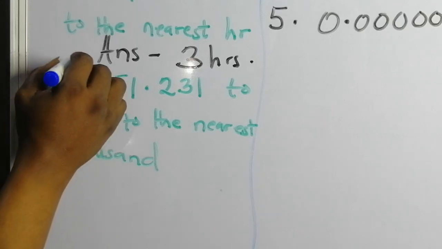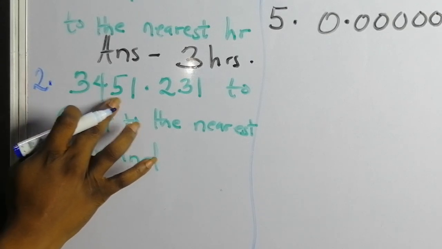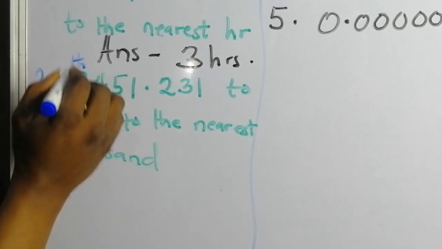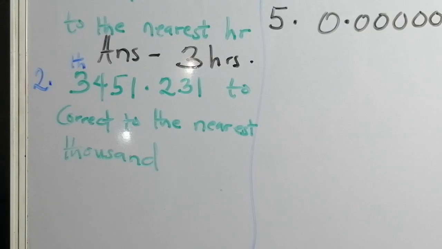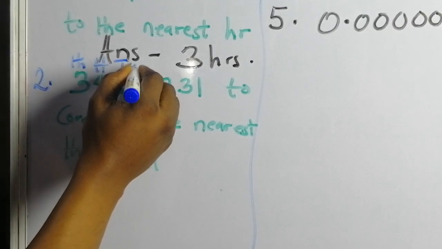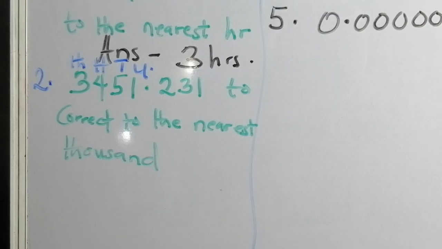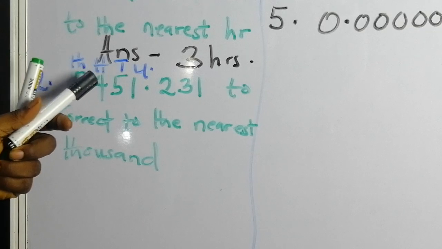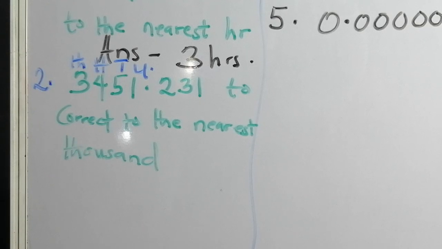So you know that if you have four figures, 1 2 3 4, this is thousand, this is hundred, this is tens, and this is units. Even children in year 2, year 3, year 4, or year 5, they also teach them this: thousand, hundred, tens, and units.